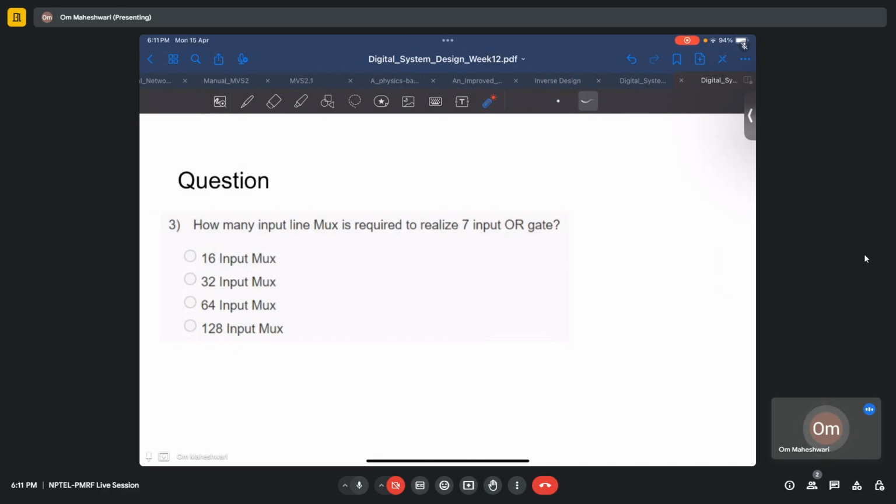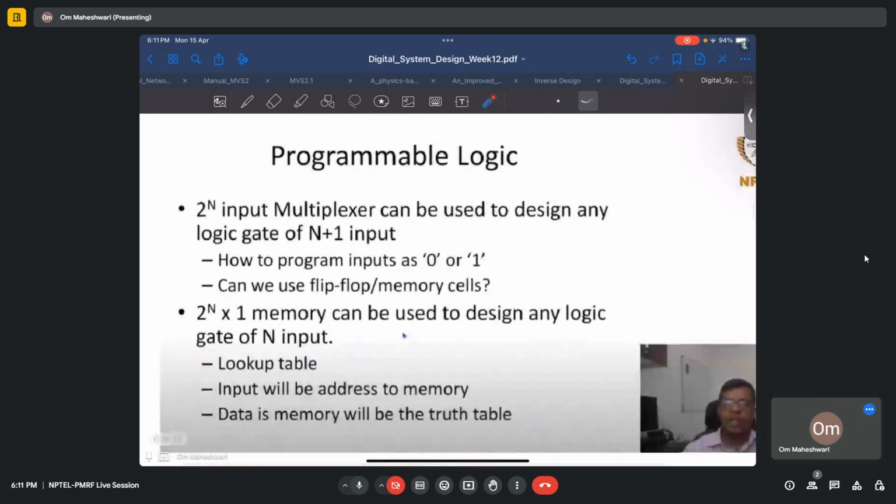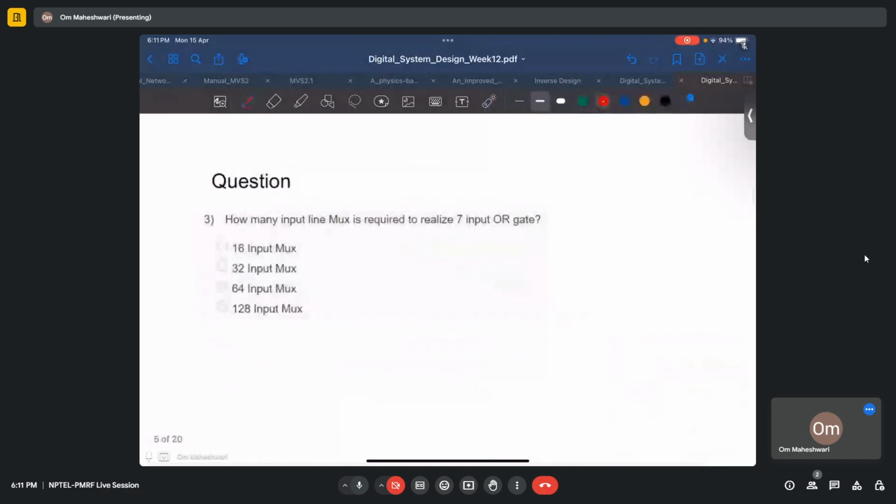How many input lines should be there in a mux? If you remember from the lecture, a 2 to the power n input multiplexer can be used to design any logic gate of n plus 1 inputs.